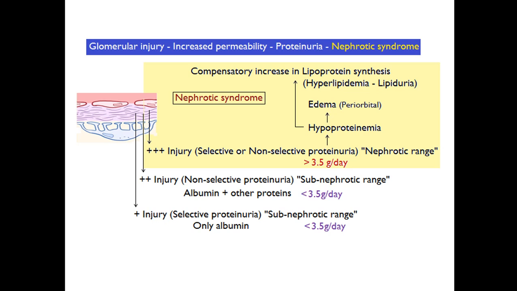And as we said, with the compensatory increase in protein synthesis by the liver, there will be increased production of lipoproteins along with albumin, and increased production of the lipoproteins will give rise to hyperlipidemia, and some lipids are also filtered through the filtration barrier, which will give rise to lipiduria.